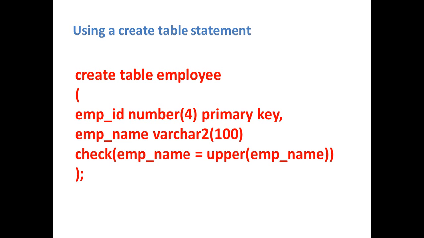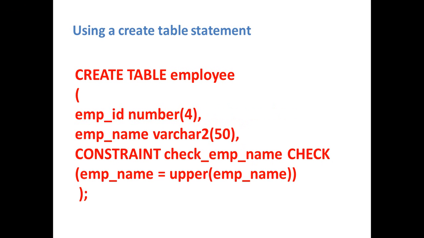This is also another way of using the create table statement to add a check constraint to a field or column. But we will not use this one; this method is not used. Better you use the one where you just add the constraint name, then check, then the condition.